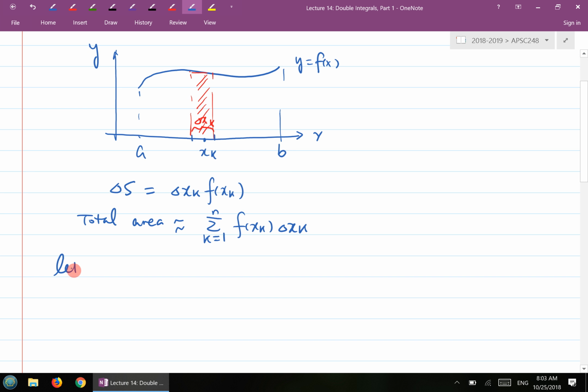But if I need the precise area underneath the curve, then we can let this number n go to infinity. When n goes to infinity, the summation sign will become the integral sign, and all the delta here become a straight d. So you get f(x) dx, and the integral will go from a to b. That gives you the total area here. That's the idea of how you integrate this f from a to b.